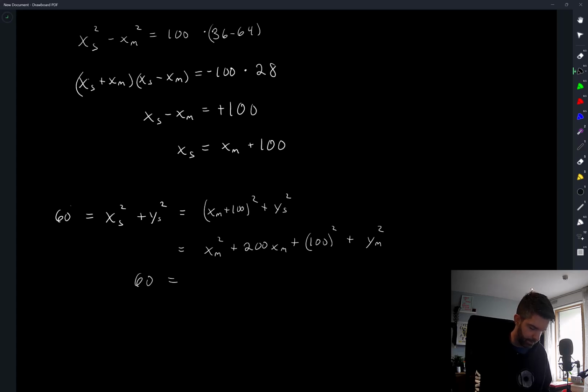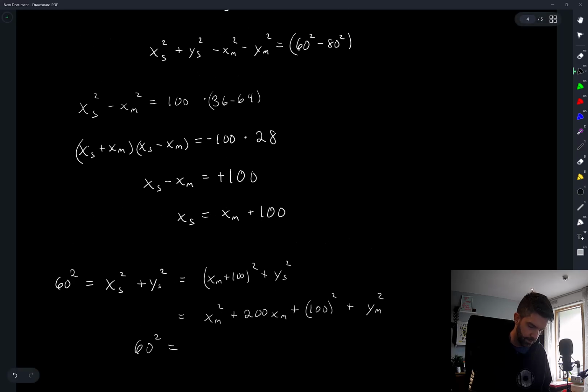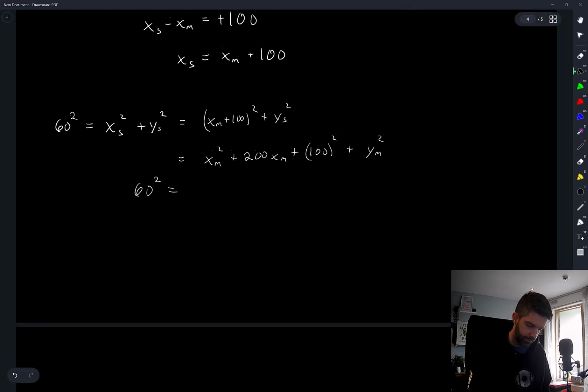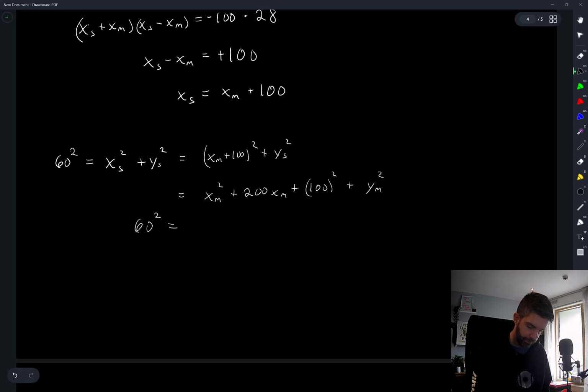Oh my goodness, why am I forgetting this? 60 squared is equal to 80 squared plus 200 xm plus 100 squared.